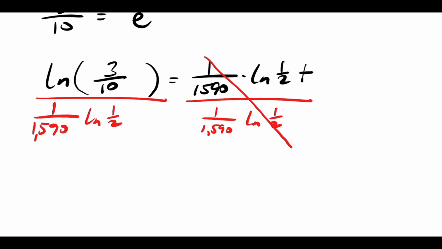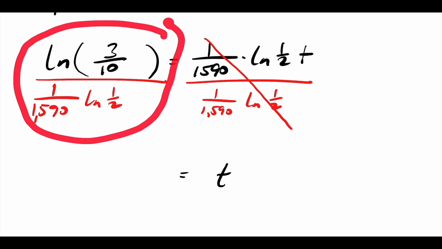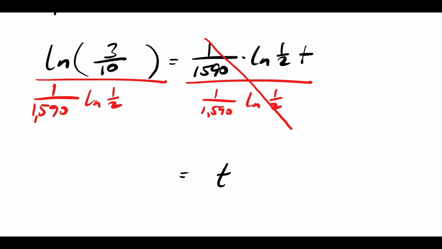So now you're just left with T. Well, this right here isn't that bad because your calculator can do all of this. Just for time purposes, so that we don't take up too much time using the calculator, I'll give you the answer.